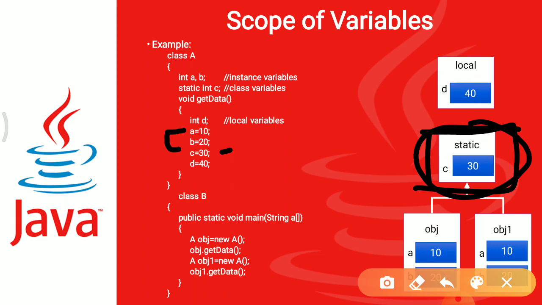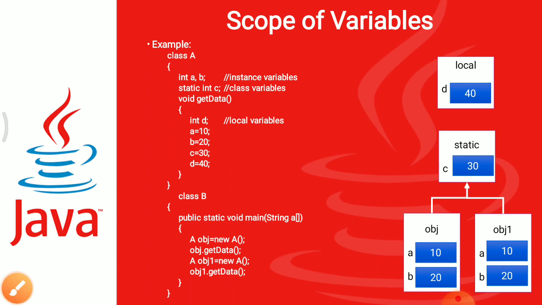After that, D has its local value, that is 40. It is not used beyond these braces. Remaining are only A and B, which have been assigned values using two different objects. So two different objects consist of two separate memory spaces, that is A is 10 and B is 20, and A is 10 and B is 20.